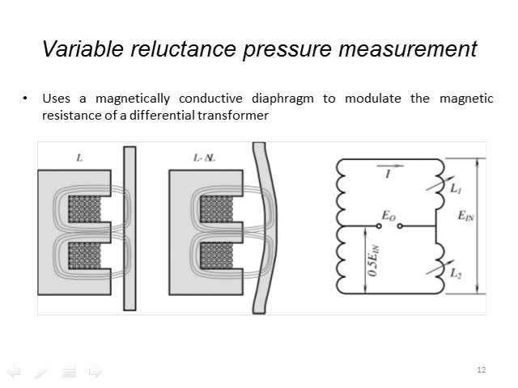So in addition to that, the last one I will talk about today is a variable reluctance pressure sensor, and this is using the same concepts that we've been talking about all along. We have this magnetic flux flowing through this core material, and when you have a flat diaphragm, you set up a magnetic flux in this system. When the diaphragm bends, you change the magnetic flux, so then you change the magnetic circuit, and then you can detect changes in the current flow, or the EMF, or the coupling constant in the transformer, however you want to configure this.